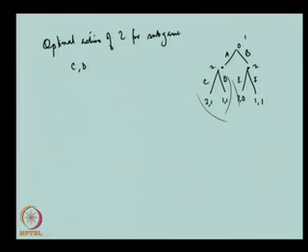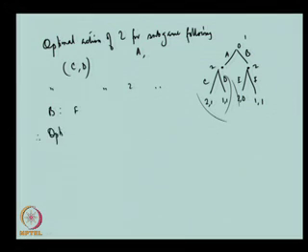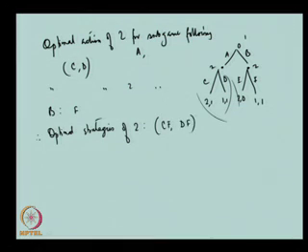For the subgame following A, C, D. Optimal action of player 2 for the subgame following B, it's going to be F. So optimal strategies of 2, it could be C, F, D, F. All right, both are optimal.